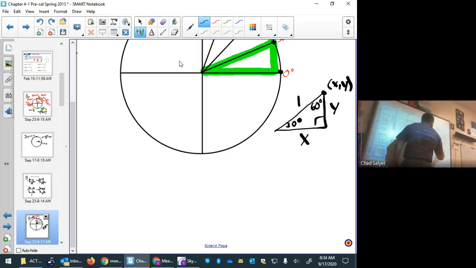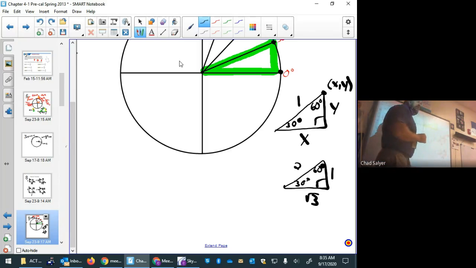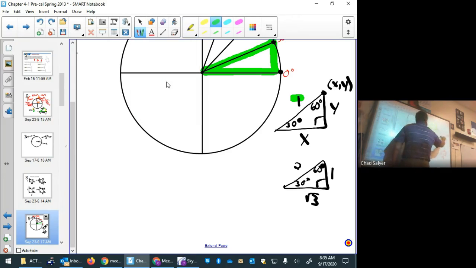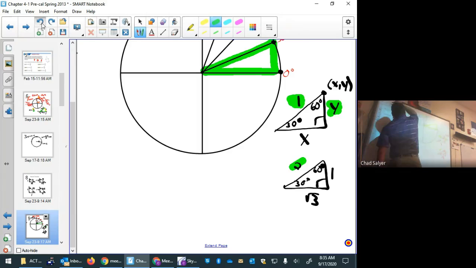And we remember that the parent of sorts of that special triangle family had these ratios. So I know the ratio of corresponding parts has to be equal.